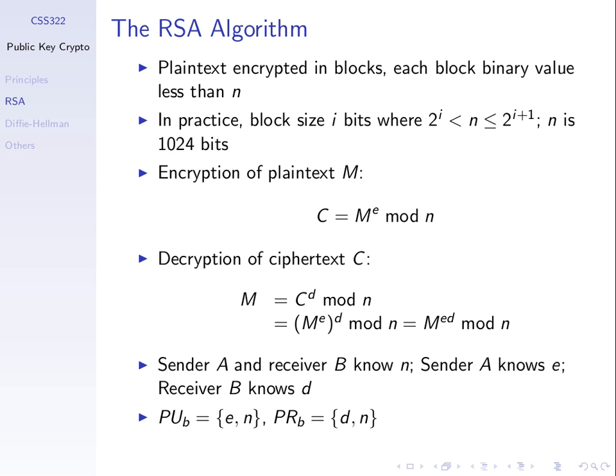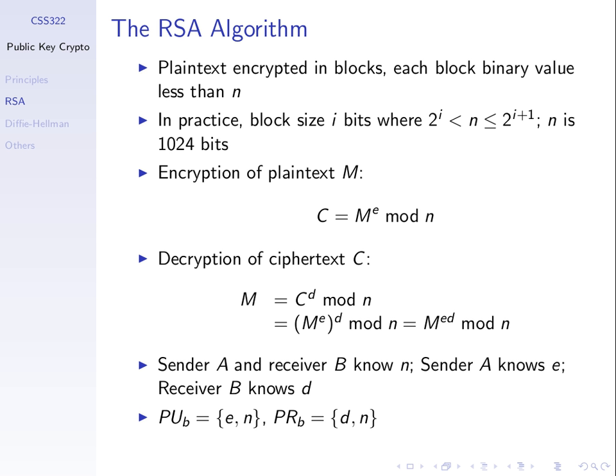That is, if we wanted to provide authentication, I could have taken the message raised to the power of d mod n, and we would have got some ciphertext that we send. The receiver would take that ciphertext raised to the power e mod n, and they'd get the original message back. So we can use this for confidentiality or authentication.